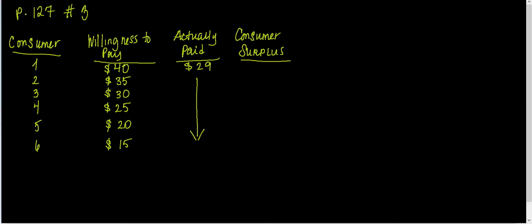Before I do, I want to just highlight the crucial assumption that our analysis depends on. Our analysis depends on the assumption that our consumers have the ability to pay for anything that they would want in that store.